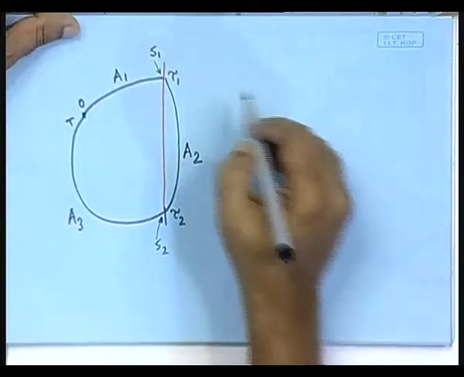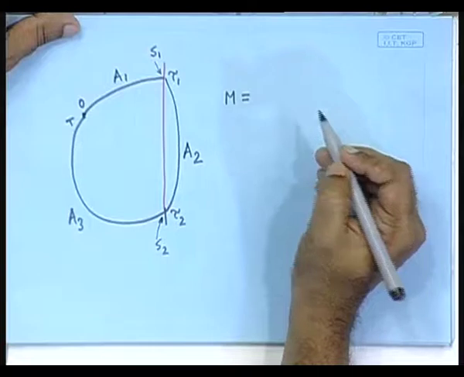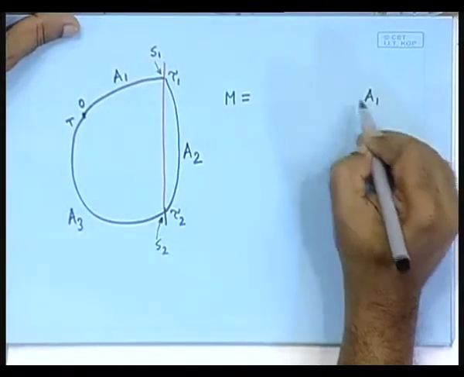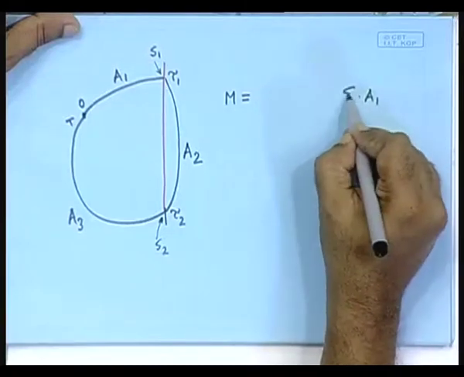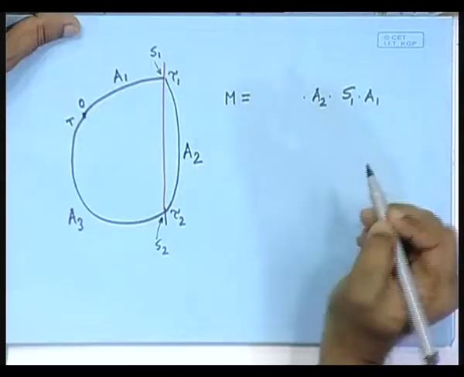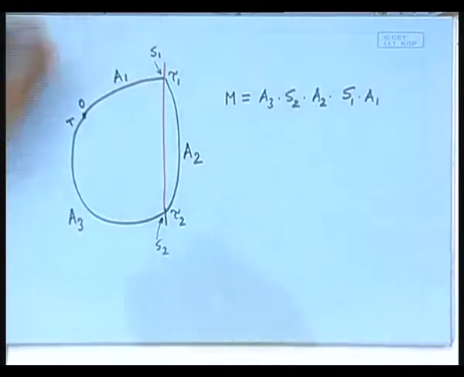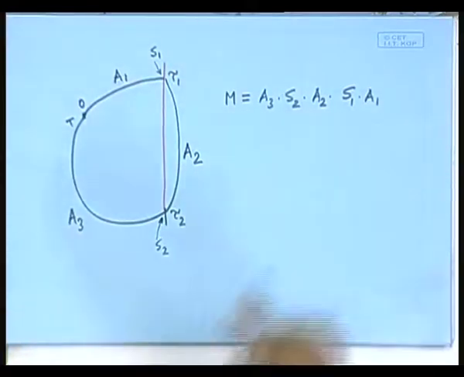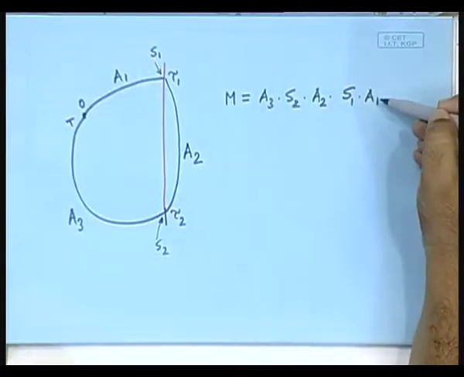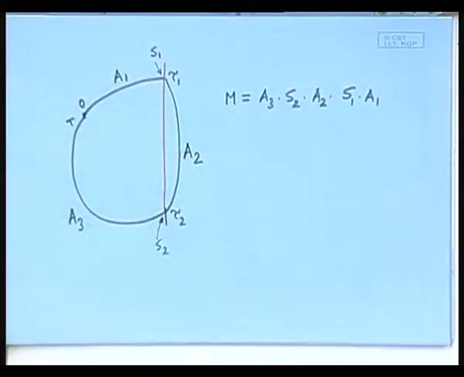Then the monodromy matrix M will start from the right hand side: A1 times S1 times A2 times S2 times A3. Notice the order in which we are writing. It is starting from the right, proceeding to the left as you go around the whole orbit.